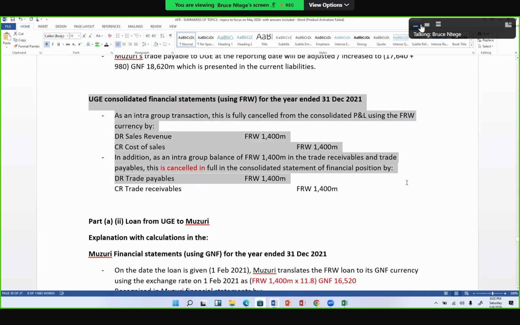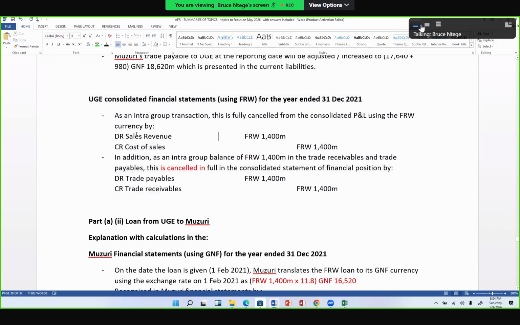I need to pick whatever was in consolidated financial statements. One is that the debit and credit of sales revenue and cost of sales has no impact on the consolidated balance sheet, so that one I'll leave. But there's the second one, that I'm going to reduce the receivables and the payables by 1,400. I'm going to reduce the payables and the receivables by 1,400 each because I want to eliminate them.